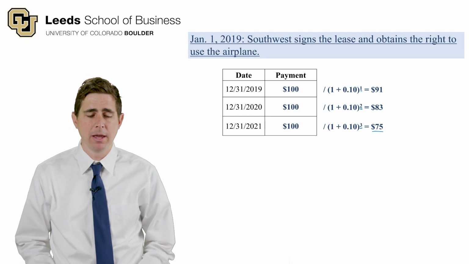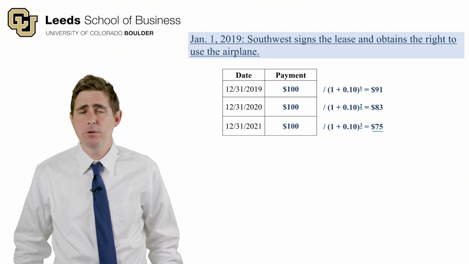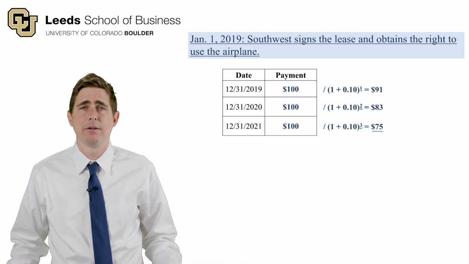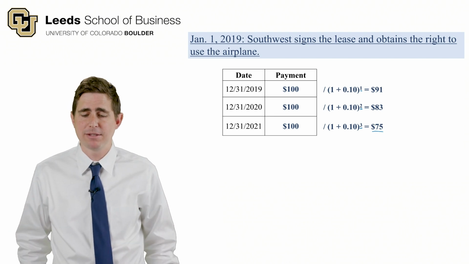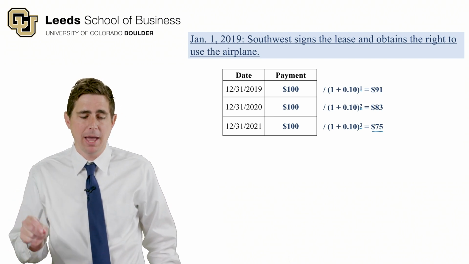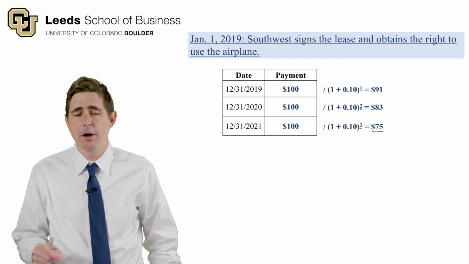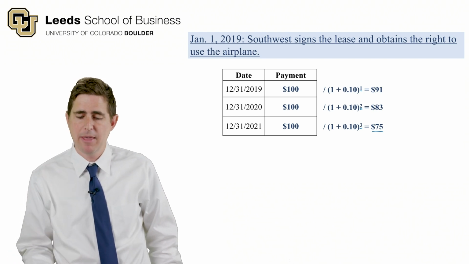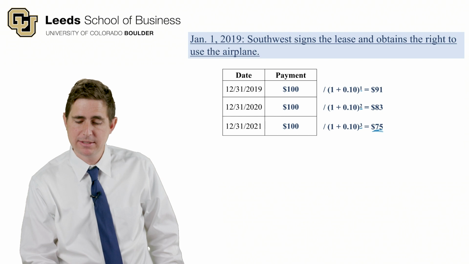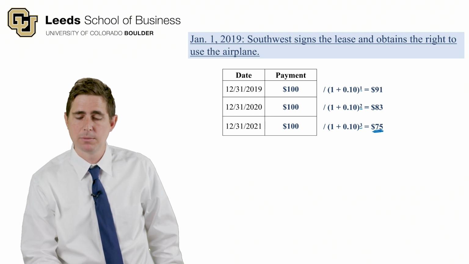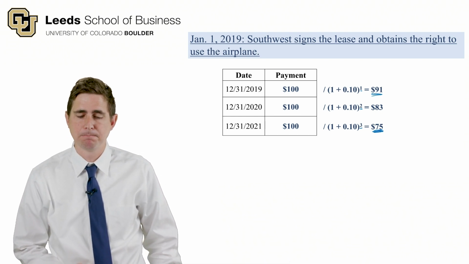As you can see, as the payments get farther into the future, they get less painful in terms of present value. I would rather pay $100 3 years from now than $100 next year. And that's why the $100 3 years from now isn't as big in present value terms as $100 1 year from now.